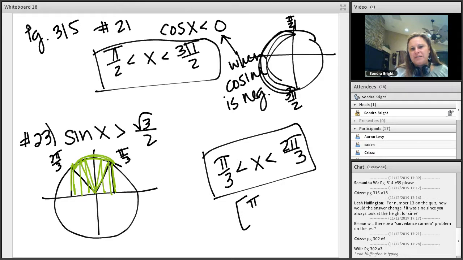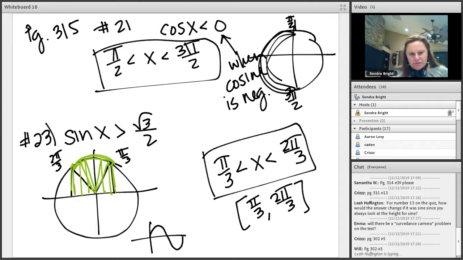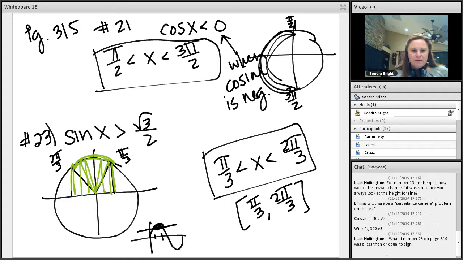Interval notation would be pi over 3 comma 2 pi over 3, like that. If you were to graph the picture, and here's rad 3 over 2, you just want this little part right there, right in between there, which ends up being pi over 3 to 2 pi over 3.